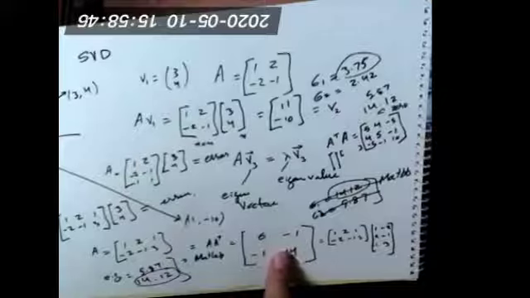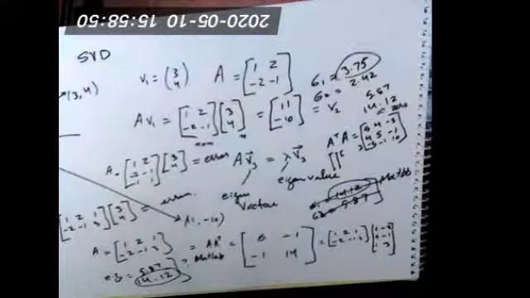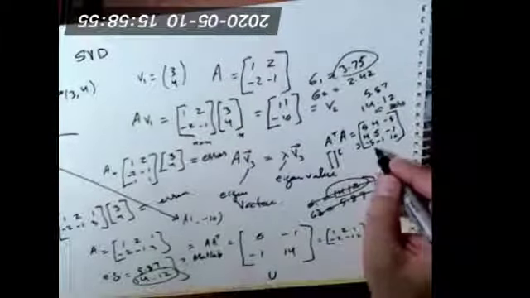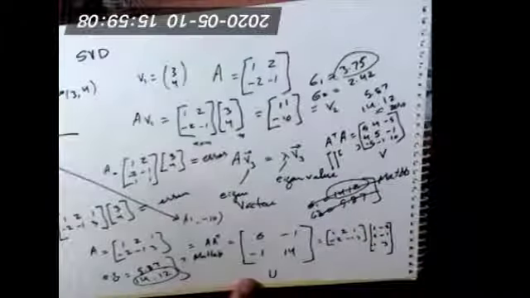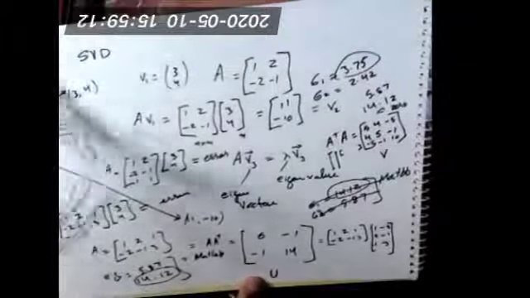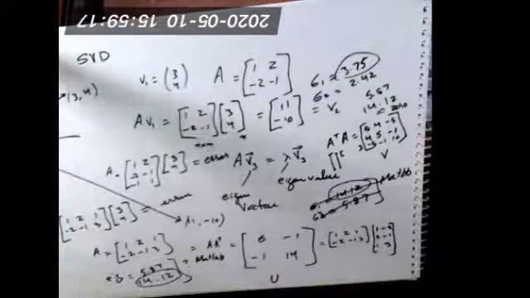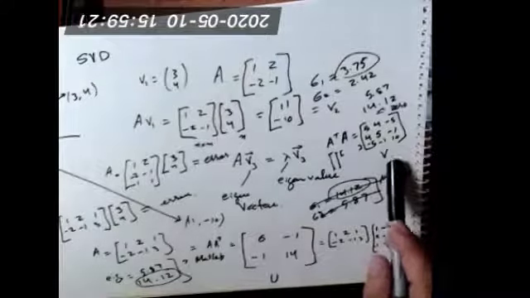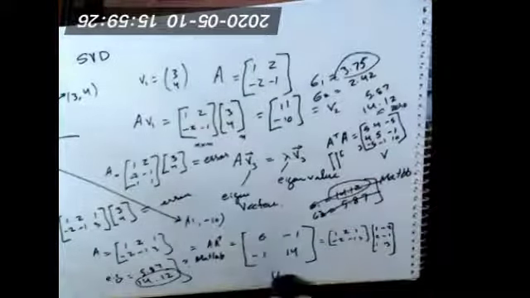The singular vectors for this square matrix will be called U, and singular vectors for this square matrix will be called V. These eigenvectors are normal, which means they are of unit length. They are unitary vectors, and so is V. They're also unitary vectors, right? They have length 1, and they also have length 1.